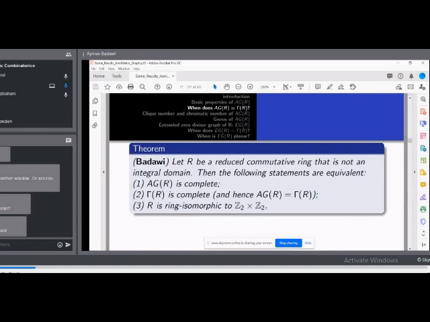R is ring isomorphic to this. Again, here is another result showing the connection between a graph and the structure of the ring. And for many of us algebraists, we are interested in a graph from our point of view, so we have some information about the structure of the ring. Okay?